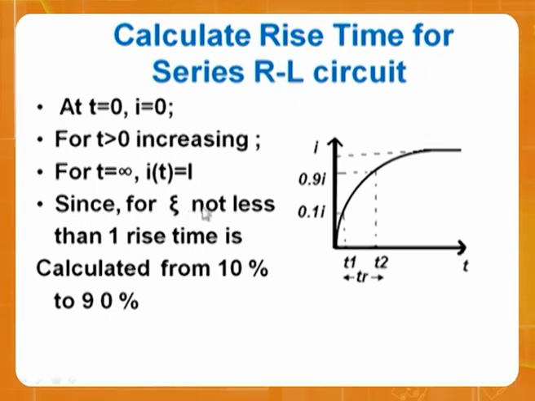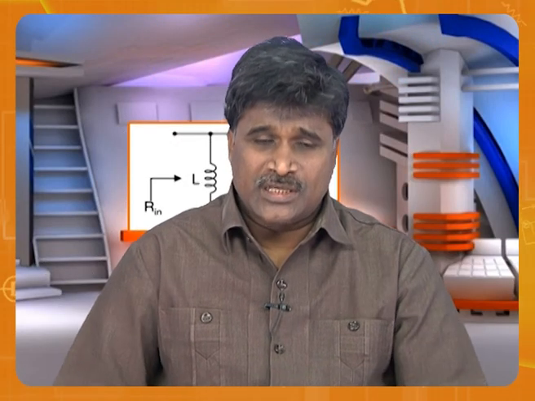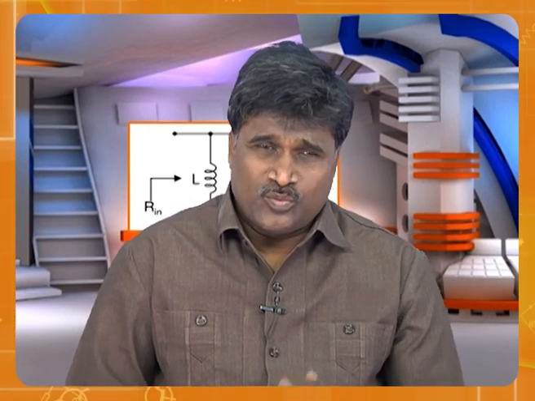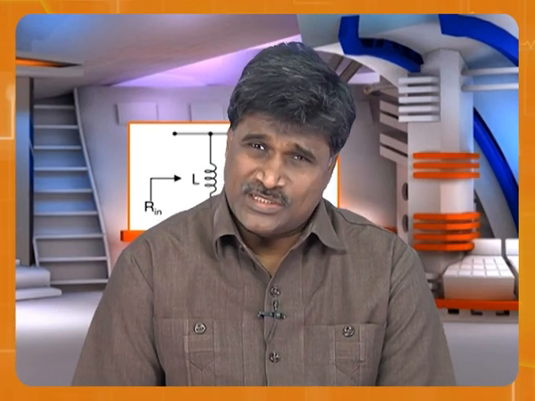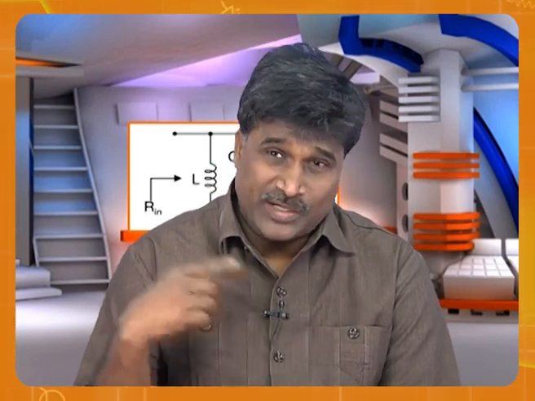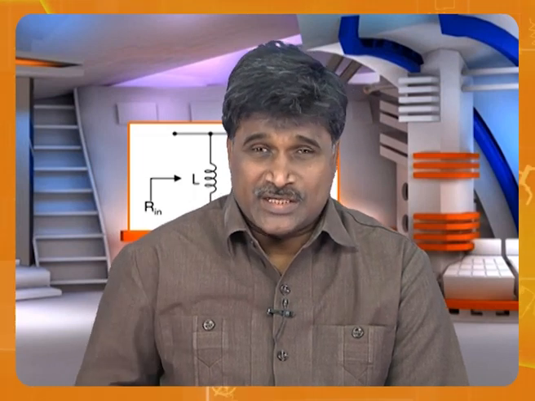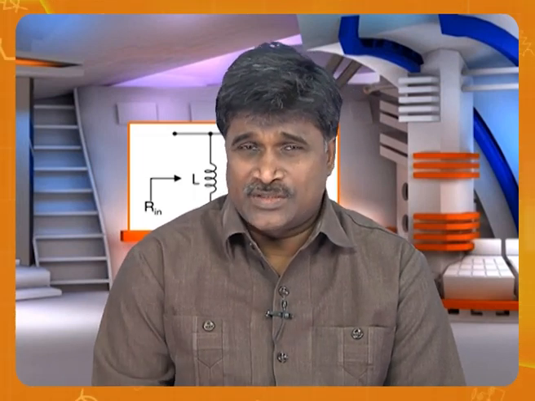For zeta not less than 1, the rise time is defined as 10% to 90%. Please remember, some students are a little bit confused. Sometimes in rise time we are taking 10 to 90%. In some other subjects like control systems, we take 0 to 100%. So let us not say in controls it is this and in networks it is this.